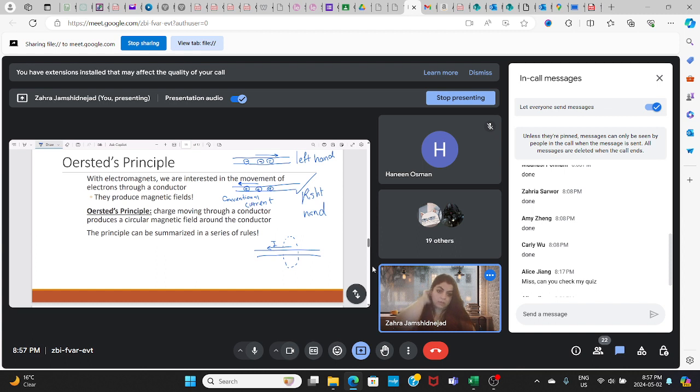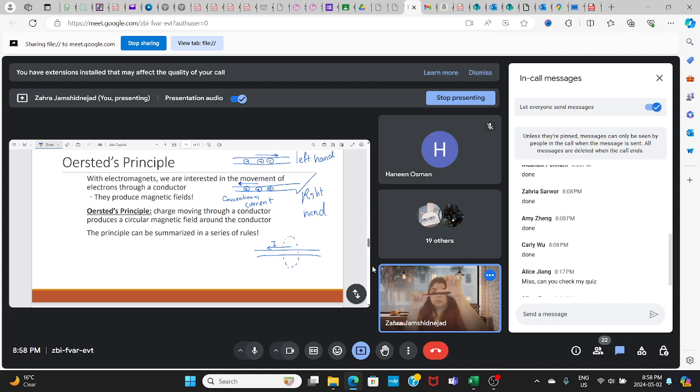Okay. If this pen is that wire, this is my thumb, right? Everyone just grab a pen, bring it up. This is my thumb, my right hand. I use my right hand because this is a conventional current.